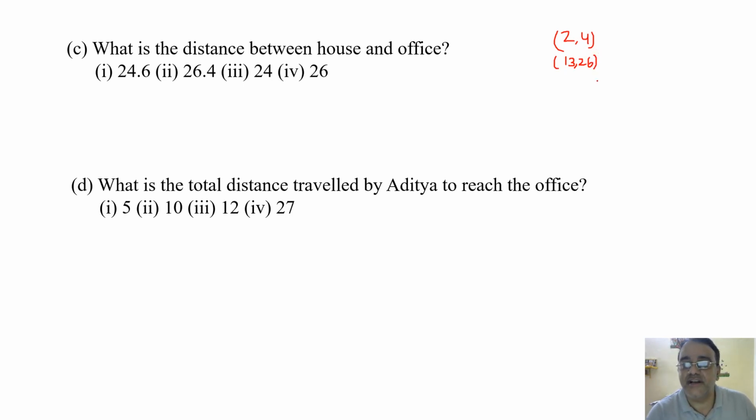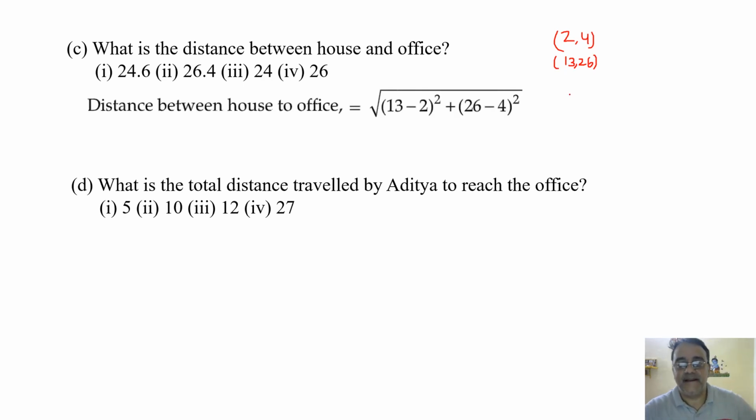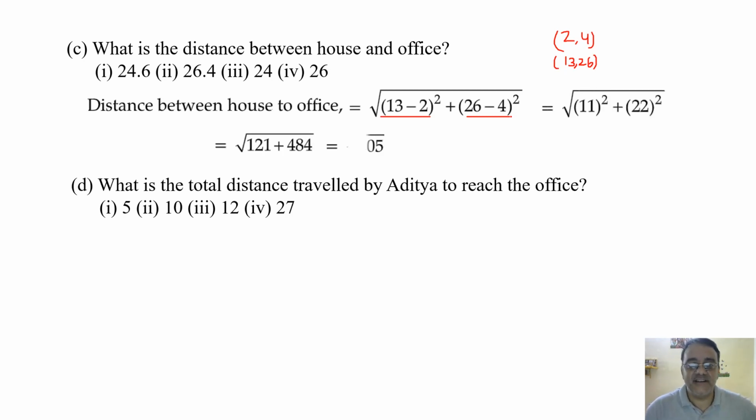So इसका हो जाएगा 13 minus 2 whole square plus 26 minus 4 whole square का whole root. And this is nothing but this is 121. And this is 22 whole square means 484. राइट। तो 605 का स्क्वायर रूट होता है अप्रोक्सीमेटली, इट इज इक्वल टू 24.59, दैट इज 24.6 किलोमीटर, एंड द करेक्ट ऑप्शन इज द फर्स्ट वन.